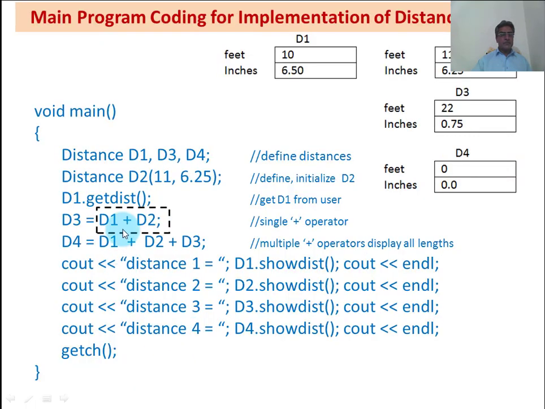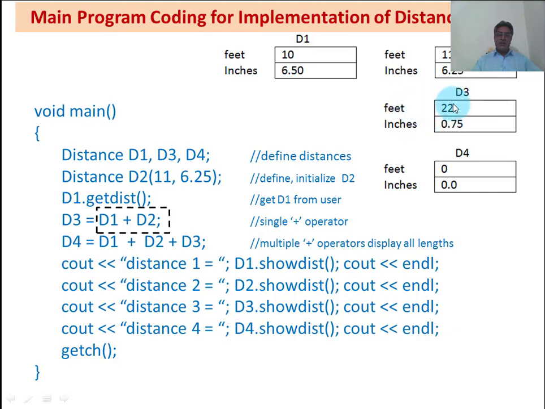Here at this location, the computer will receive the memory and the value of feet and inches, that is 22 and 0.75, and will assign that value to D3. You may see here in the memory of D3, feet contains 22 and inches contains 0.75.